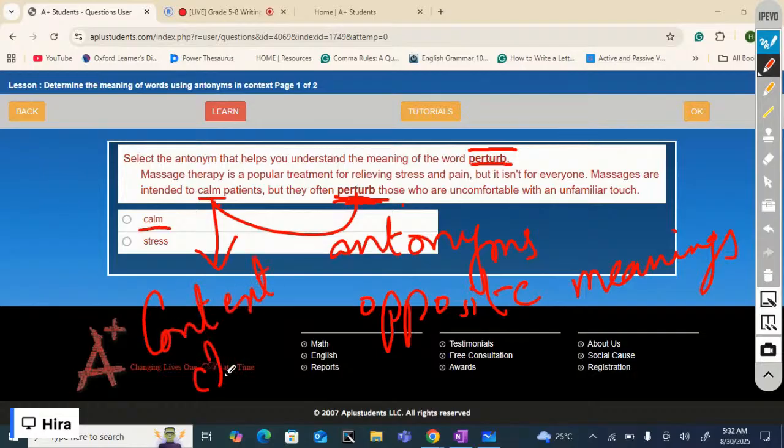Well, let me tell you, I didn't know the meaning of perturb. I read the text and I found this word and I had the idea that this is the antonym of perturb. So, I understood the whole meaning. Calm is that antonym which helps us understand the meaning of the word perturb. I hope you get it.